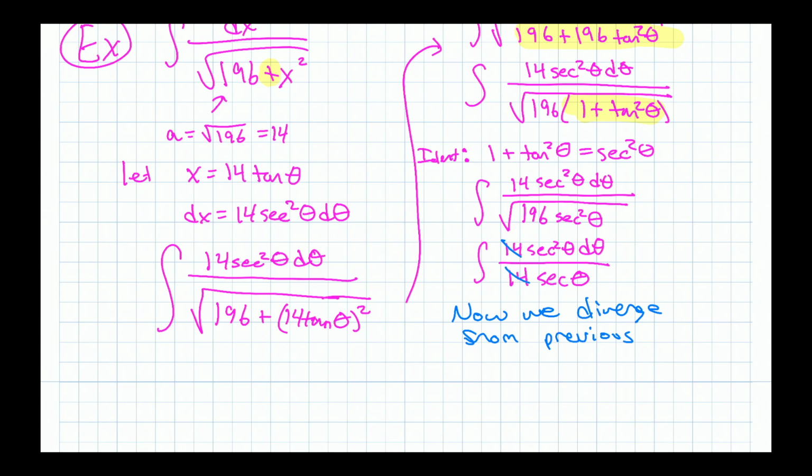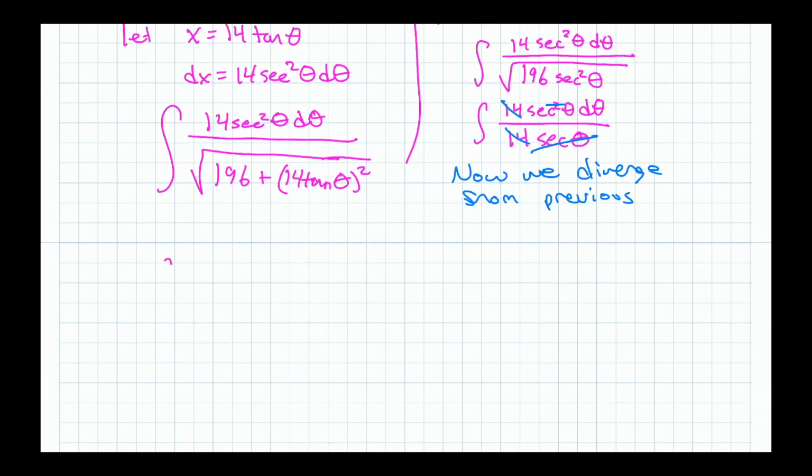And also I can cancel a secant theta with one of the secants in the numerator. And so what I'll end up with is a pretty simple integral of, is it just a secant theta? That's nice. Okay, so it's just a secant theta.